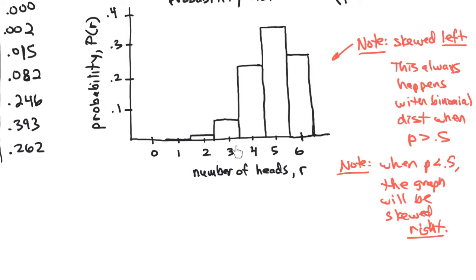Geometrically, that center of gravity corresponds to the mean of this distribution, which is the expected value. So the geometry of it is the balance point.